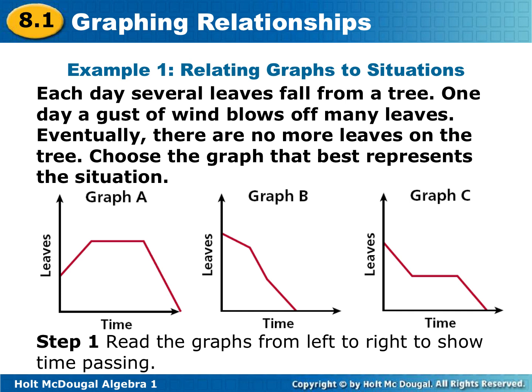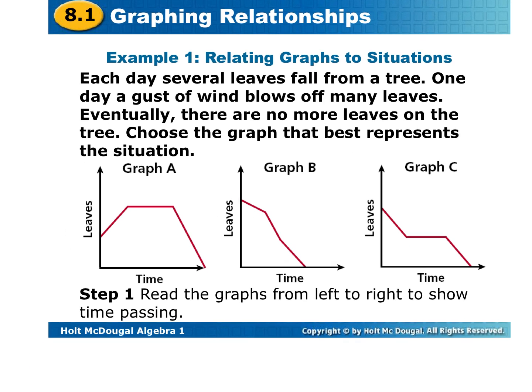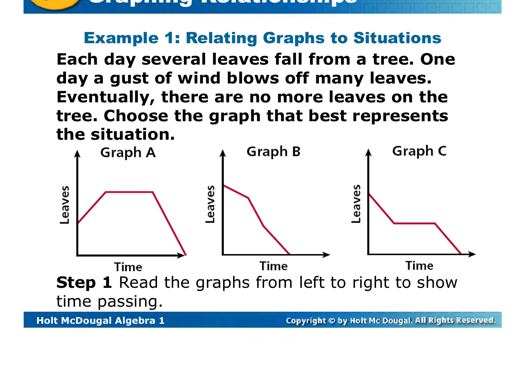Okay? Now, this is a PowerPoint, this is a slide. There are several types of things that we're going to do here. But notice, looking at this, they give us how many different graphs to choose from? Three. They give you graph A, graph B, and graph C. And what analyzing all these graphing relationships is going to do is you're going to have to look at the words and come up with a scenario that makes sense.